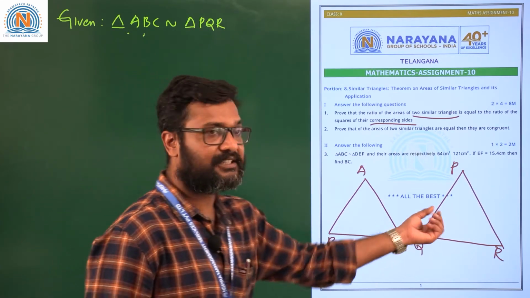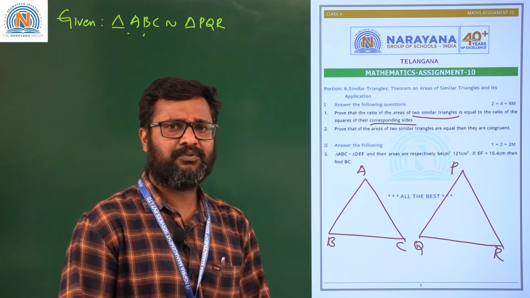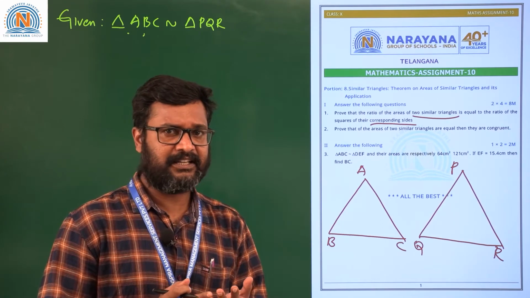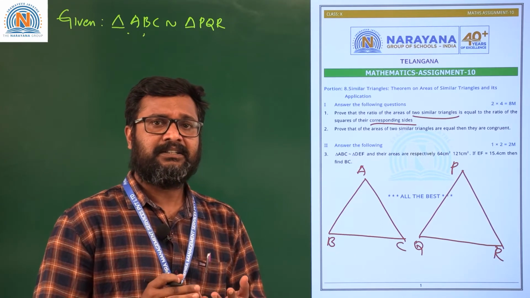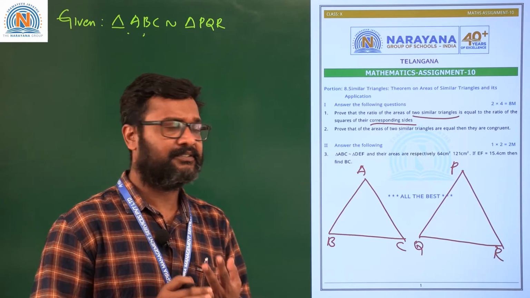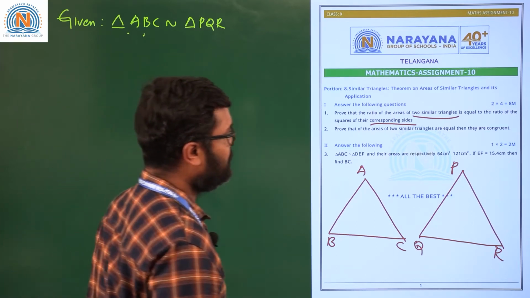What does similar triangles mean, children? When two triangles are similar to each other, their corresponding angles should be equal and their corresponding sides' ratio should be equal. So these two triangles are similar to each other.